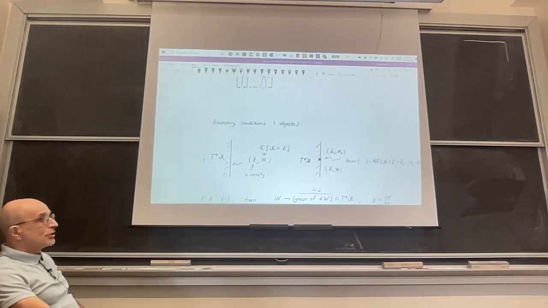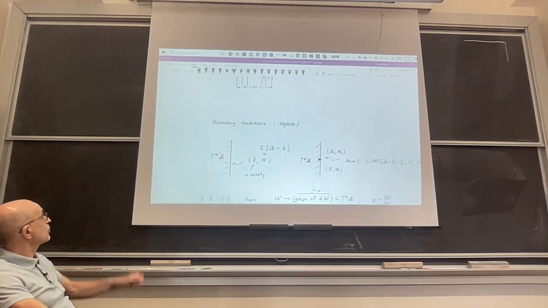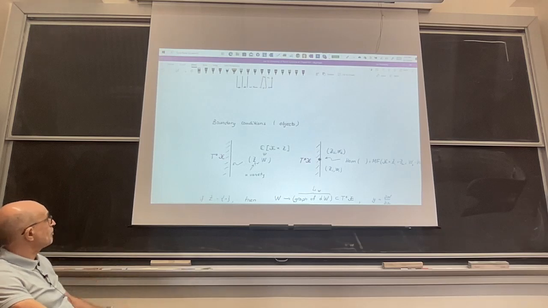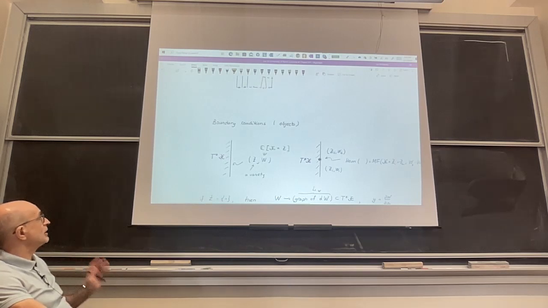So generally, if you have a symplectic manifold, which is a cotangent bundle, this supports a 3D theory, and this is a spatial slice. A boundary condition is a pair of an algebraic variety and a function on X cross Z. I'm assuming that X is affine to make it simpler. And a Hom between two such boundary conditions.